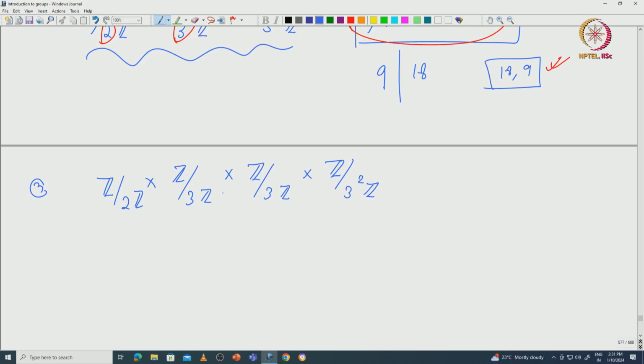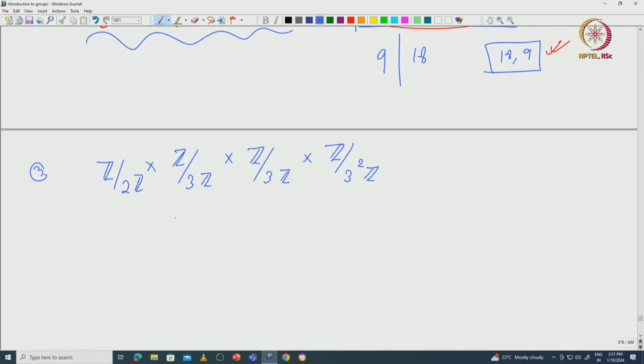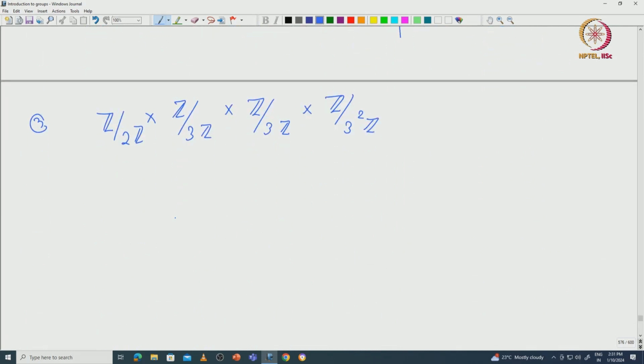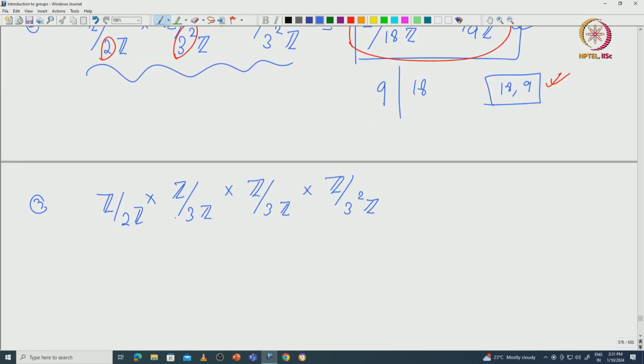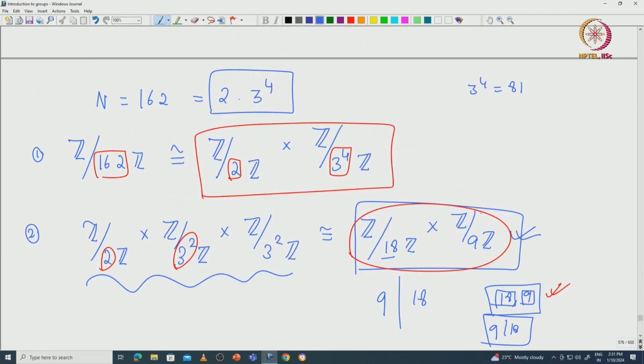All the cyclic groups correspond to prime powers, and this is again of order 162. If you want to write it in the other form, 18 is bigger and 9 is smaller, but 9 divides 18. That is the condition we wanted. Here is how it is written.